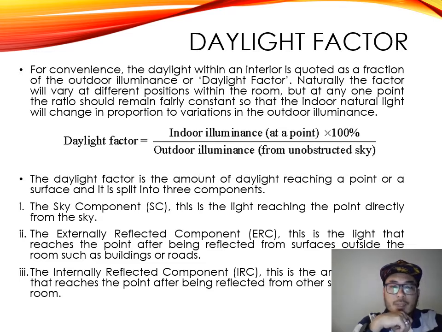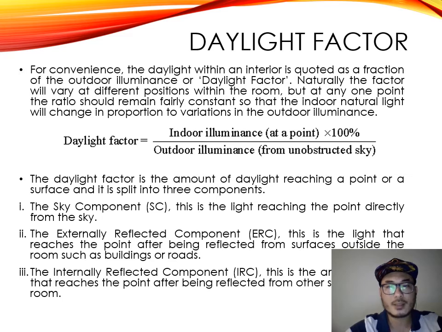Daylight factor is the amount of daylight reaching a point or a surface, and it is split into 3 components. Number 1, the sky component, or SC, is the light reaching the point directly from the sky. Number 2, the external reflected component, or ERC.